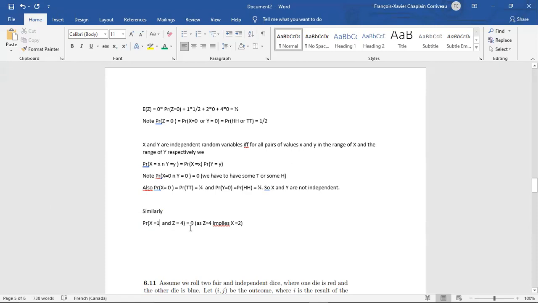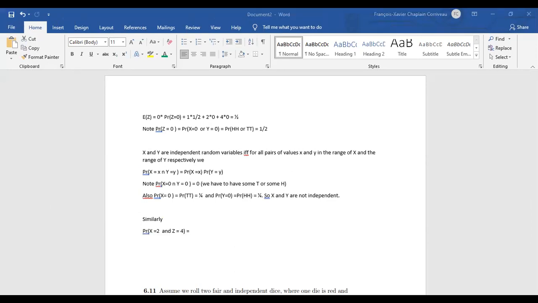So this one is 0, and we don't care about that. Now here, if I put a 2 here, is this one 0 or not? No, right? So this one actually does work.